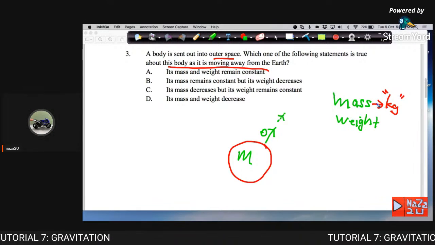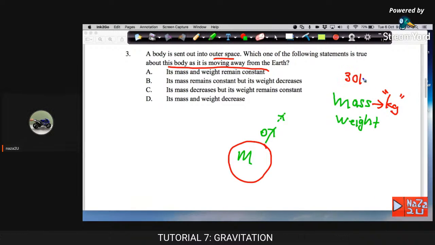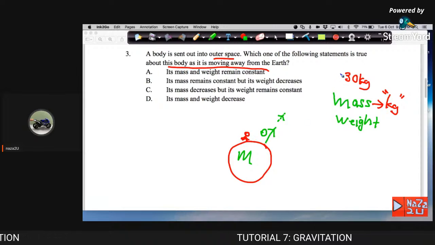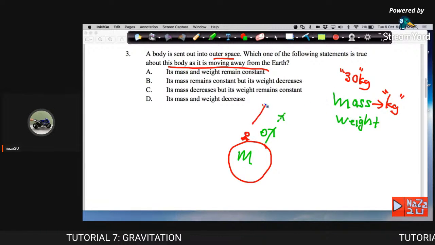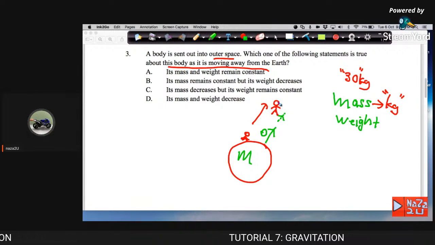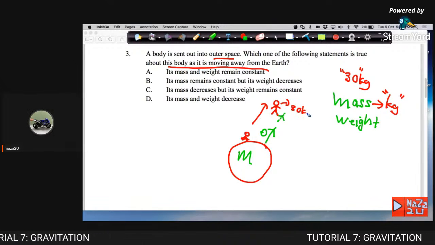Quantity merujuk kepada mass kita tetap. Meaning kalau mass kamu katalah 30 kilogram berada di permukaan bumi, okay, kalau kamu berdiri di atas permukaan bumi, mass kamu 30 kilogram. So mass ini kalau kamu naik ke atas, mass kamu tetap tidak berubah, because dia adalah merujuk kepada struktur yang membina badan kamu. This is maintain constant 30 kg, tak berubah.